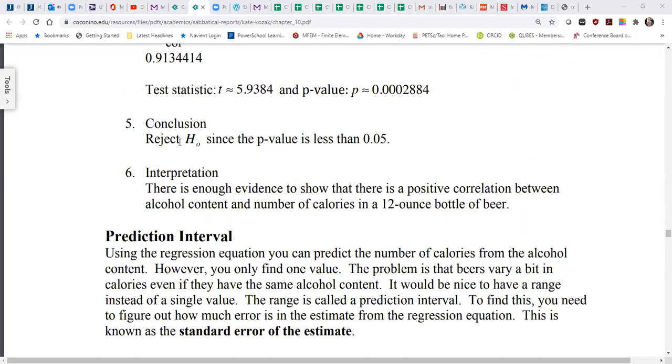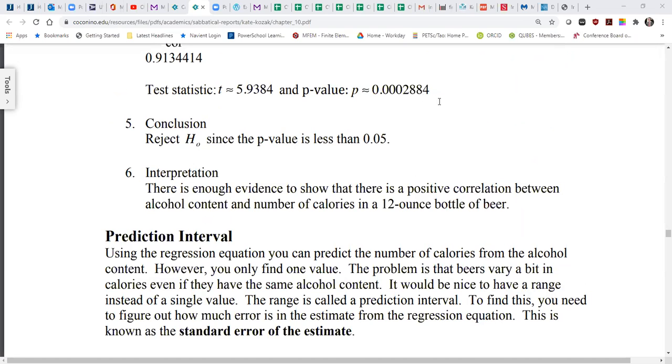Because we reject the H null, or H naught, because the p-value is less than 0.05.